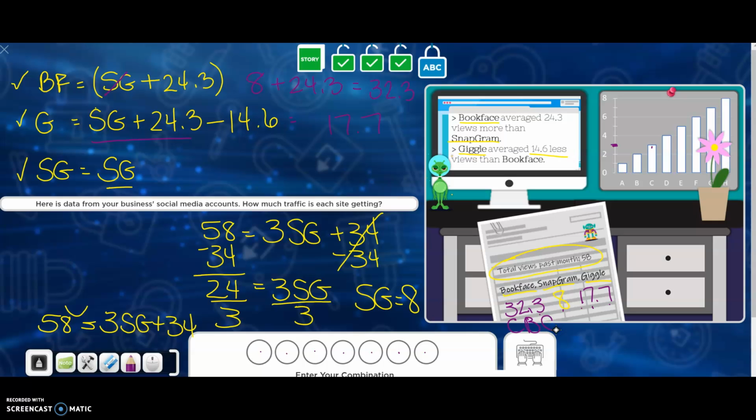And then 8 is the letter H. 1 is A, and then 7 coordinates with the letter G. So my combination should be C, B, C, H, A, G, and G. And that is it. And you will have broken out of this challenging breakout.